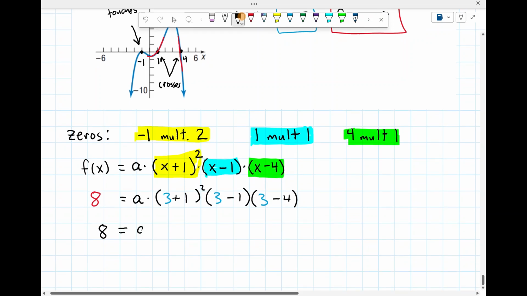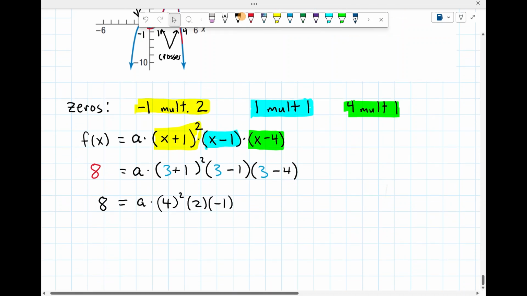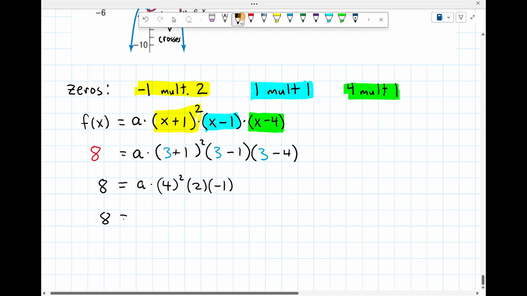So next, 3 plus 1 is 4, so this will be 4 squared. 3 minus 1 is 2, and 3 minus 4 is negative 1. Multiplying this out, 4 squared is 16, times 2 is 32, times negative 1 is negative 32 a.